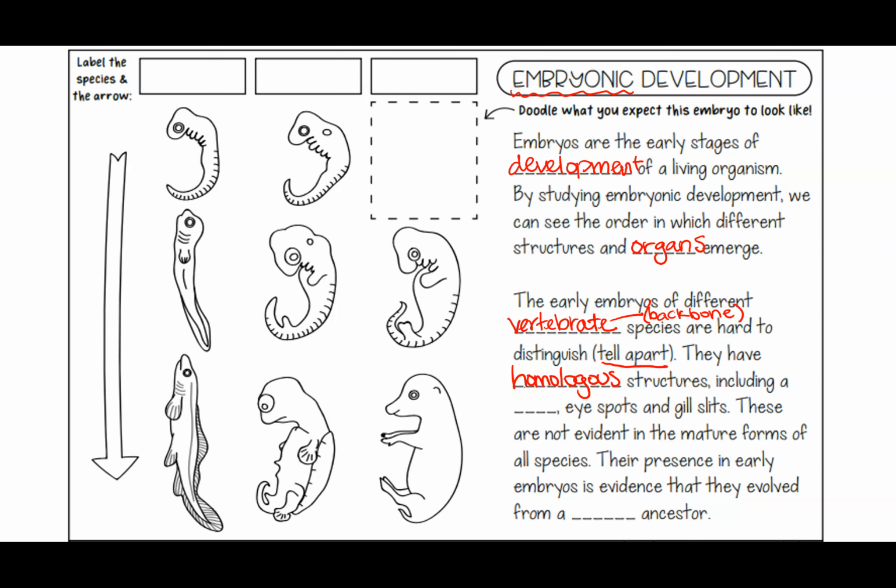Remember from our first page of notes, homologous structures, including a tail, eye spots and gill slits. These are not evident in the mature forms of all species. Okay, that is important to note. Their presence in early embryos is evidence that they evolved from a common ancestor.